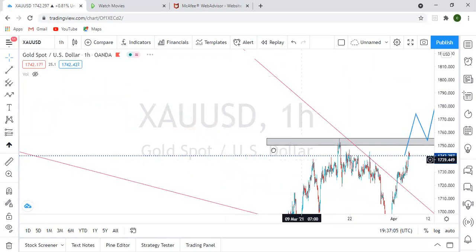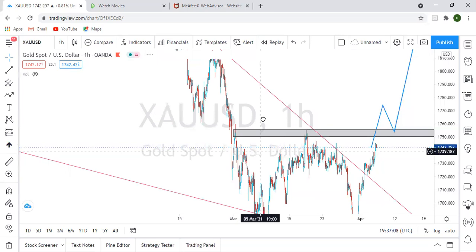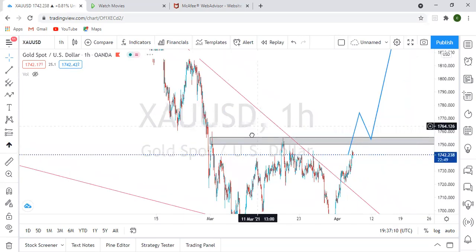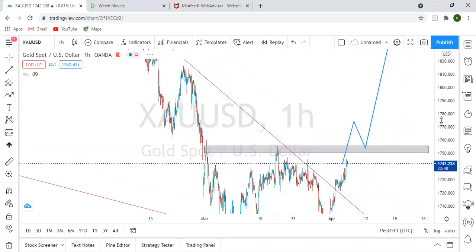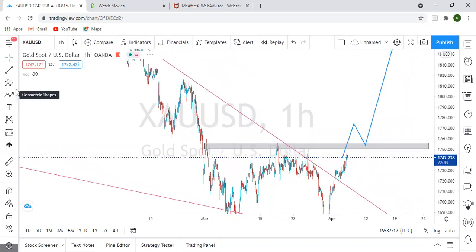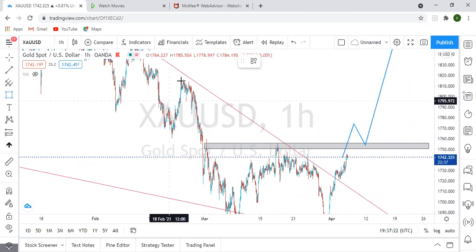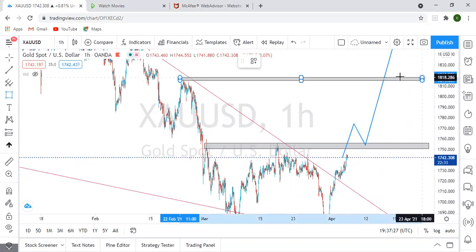Let's just wait for the chart to load. So if you are waiting for this trade to play out, where is your take profit? Your take profit is going to be somewhere here. If we get that break on our neckline, your overall take profit for swing traders will be somewhere here. That's where we're going to take our first TP.